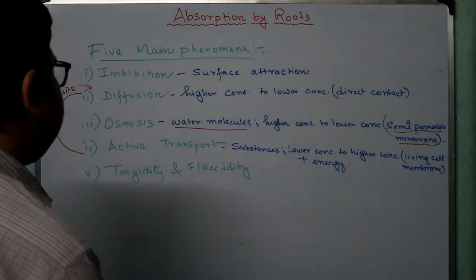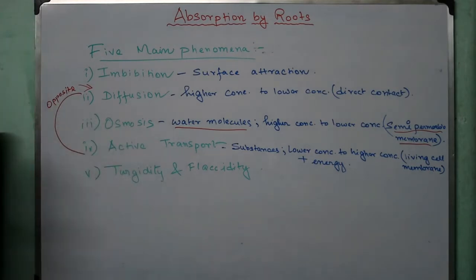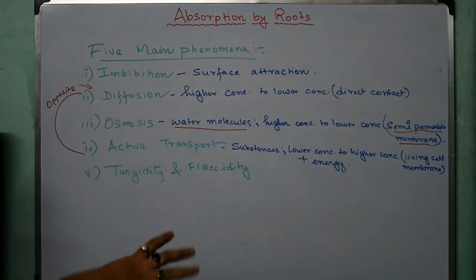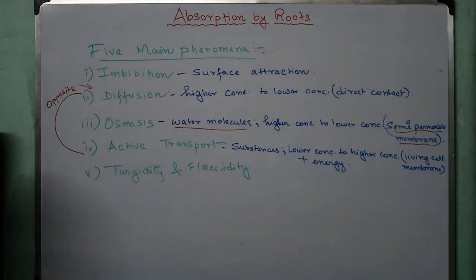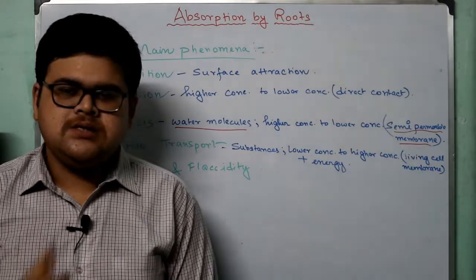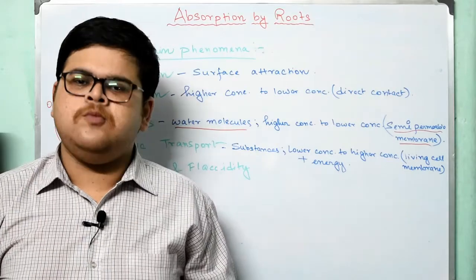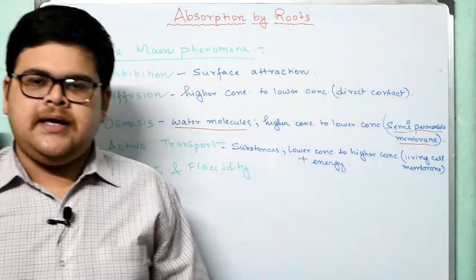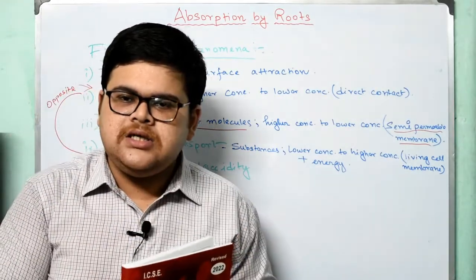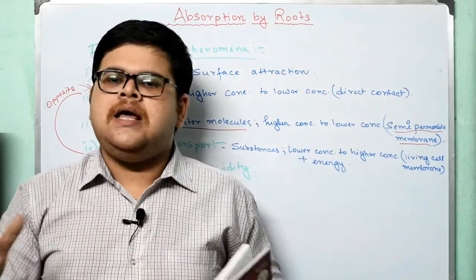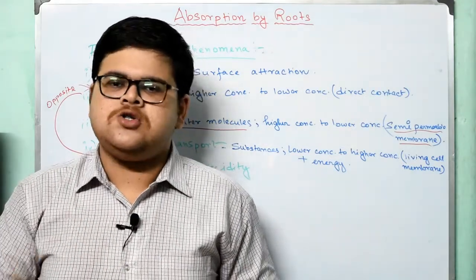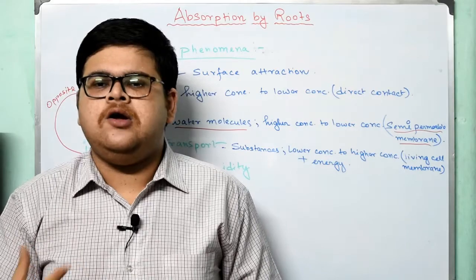Now my dear students, just look through this particular thing as I go on. Please understand that movement of molecules, be it anything, from higher concentration to lower concentration is very easy and does not require any kind of energy.